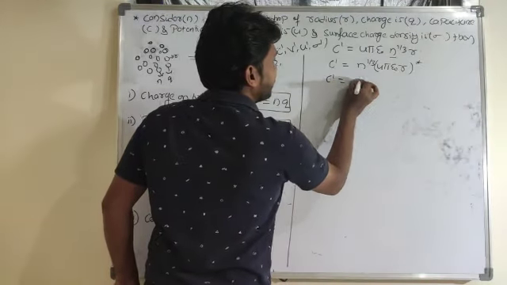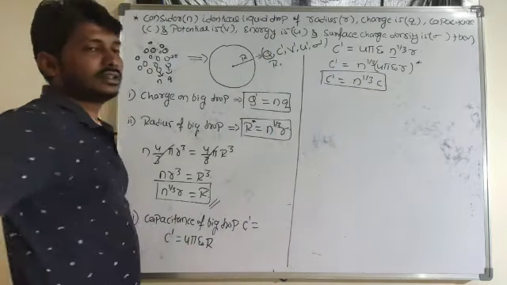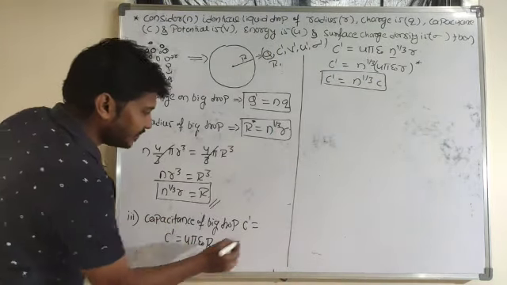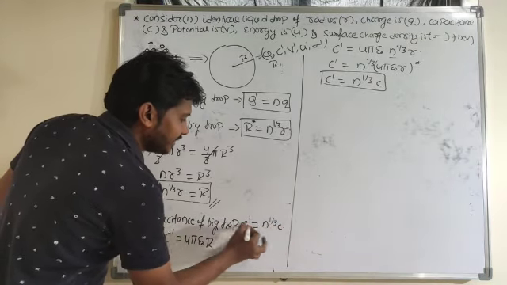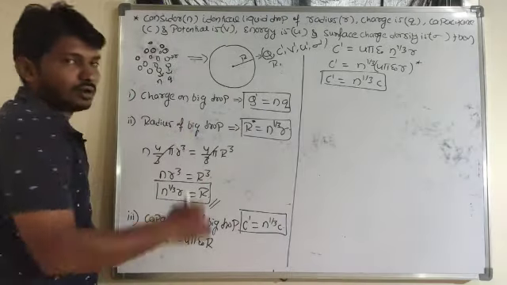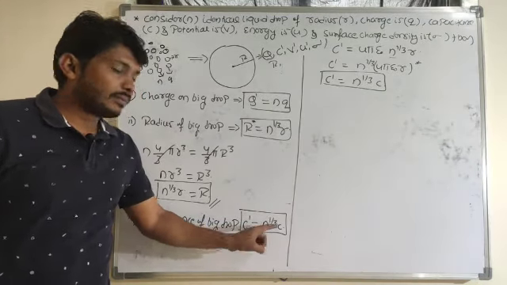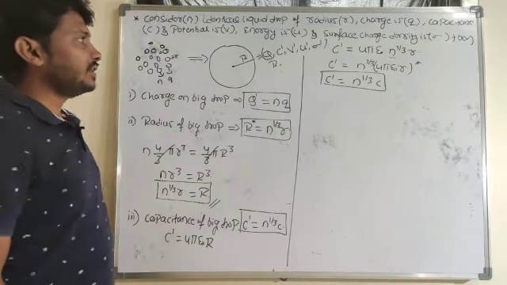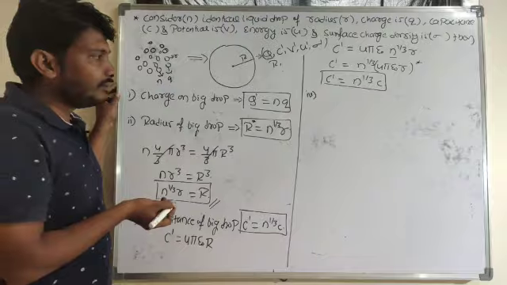So C dash is equal to n to the power of 1 by 3 into C. The capacitance of the bigger drop is equal to n to the power of 1 by 3 into the capacitance of the smaller drop.